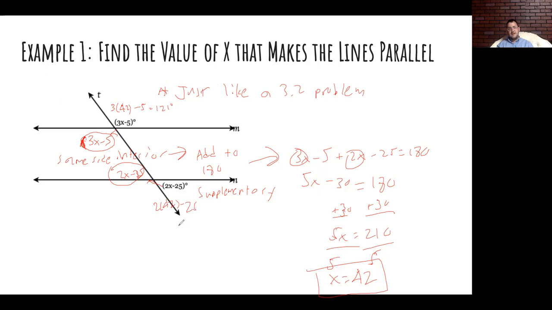So let's see, that's going to be 84 minus 25. And that's going to be 59. So I can actually see that 121 plus 59 equals 180. So we are good.